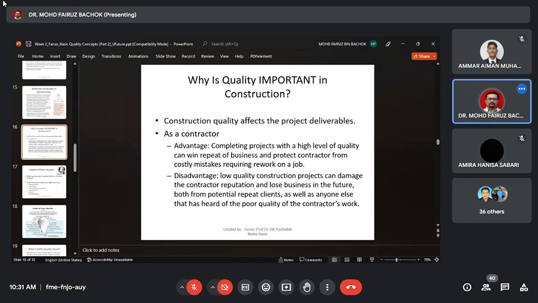Okay, so as a contractor, what advantage will you get if you do quality in the construction? The advantage is that completing a project with a high level of quality can win repeat business and protect the contractor from costly mistakes requiring rework on a job.